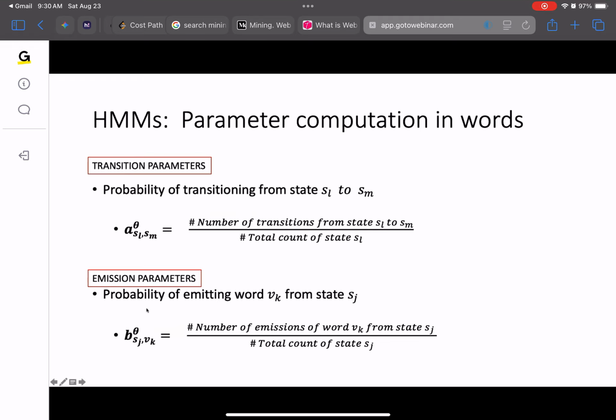Similarly, the probability of emitting a word v_k from state s_j is given by B_{s_j, v_k}, which is the number of emissions of the word v_k from the state s_j divided by the total number of counts of state s_j. These are fairly intuitive. These are the solutions we arrive at for supervised learning.